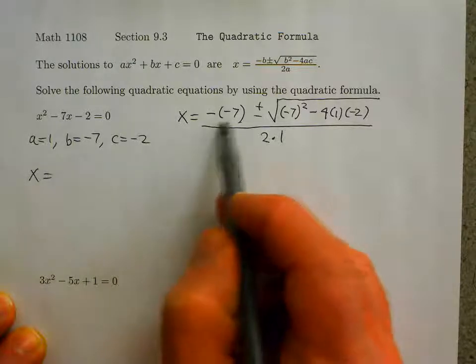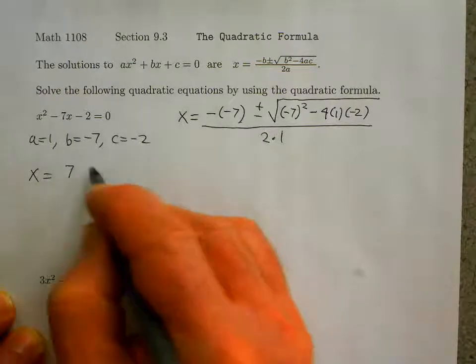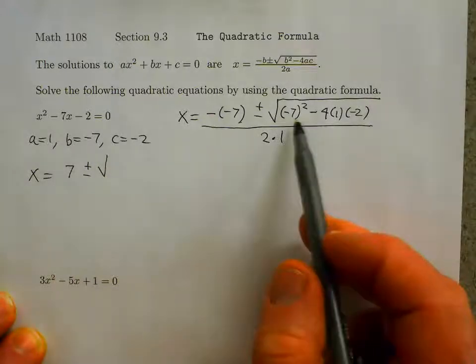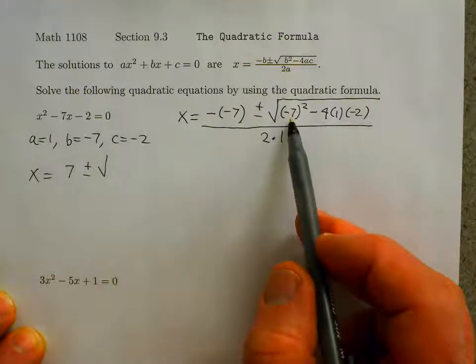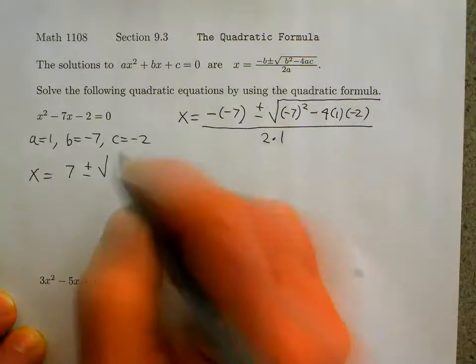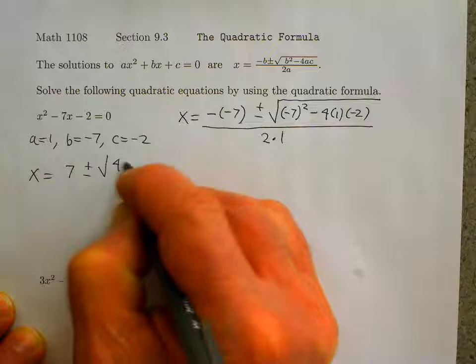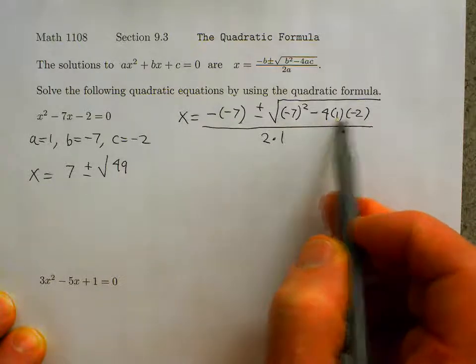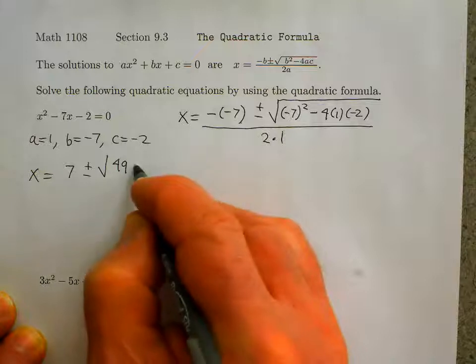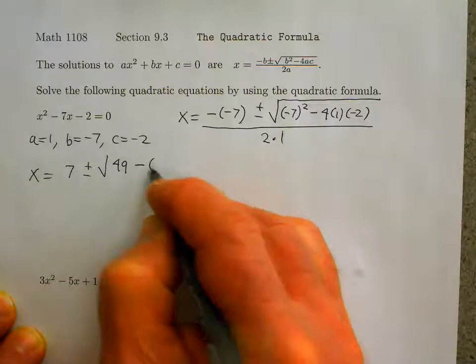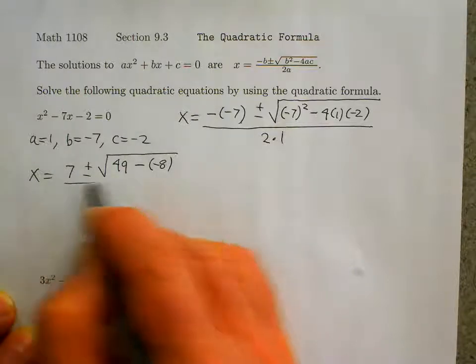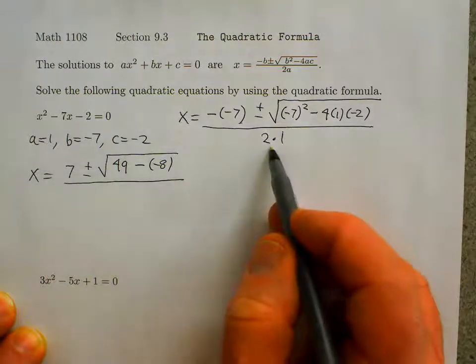The negative of -7 is +7, and then plus and minus the square root of a number. This first number inside the square root, the number -7 squared, is +49. And we're subtracting 4 times 1 times -2. So we're subtracting -8. And then in the denominator, 2 times 1 is 2.